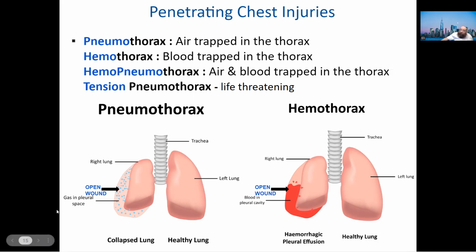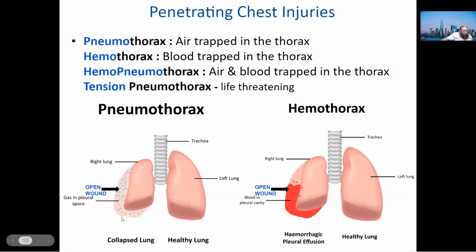Let's understand it. So here we have a normal lung, right, on this side, left. Right, we have an injury. So what happened? So the patient got stabbed, and really what got stabbed was the parietal pleura. Now it has a hole in it.